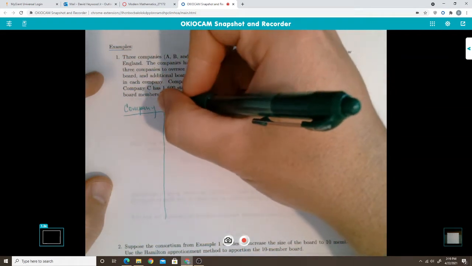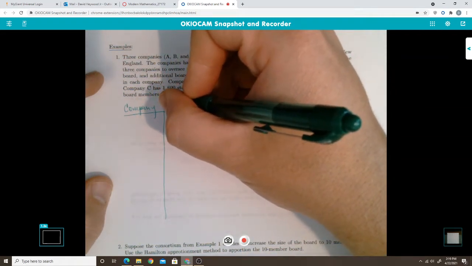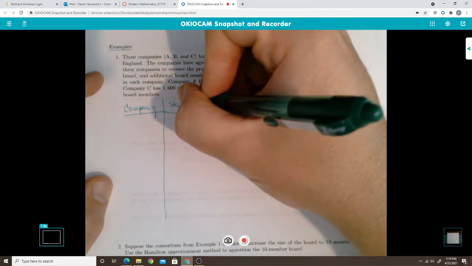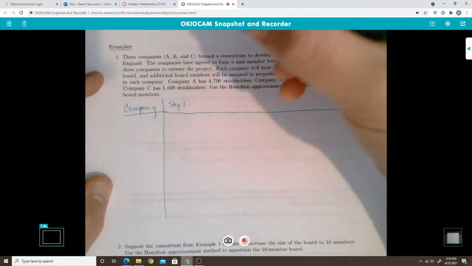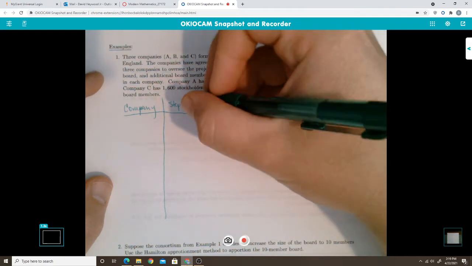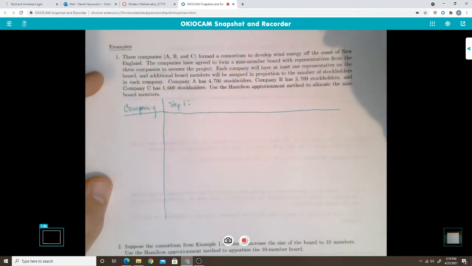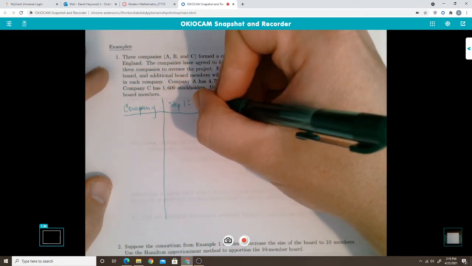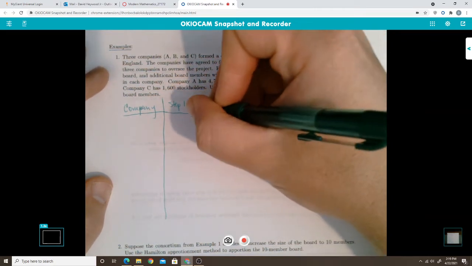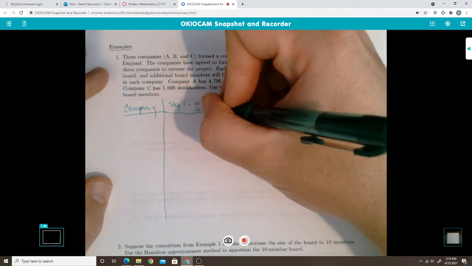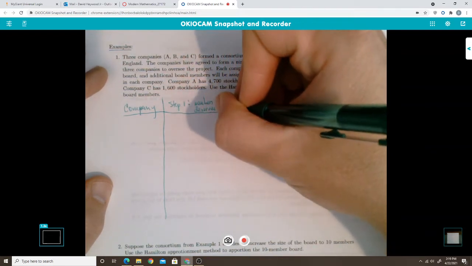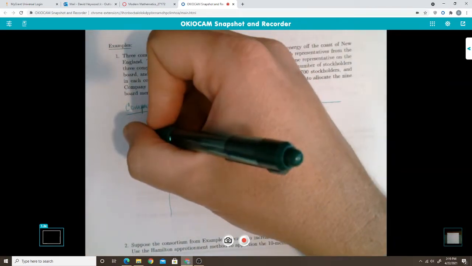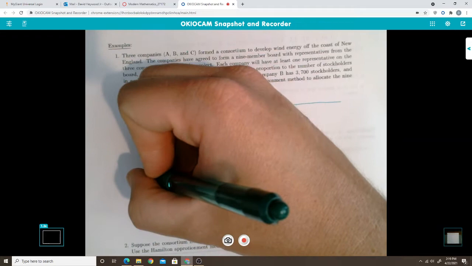And then we're going to do step 1, which is the number of board members that each company deserves. So members deserved. Okay, and let's just do that, right? So for company A, B, and C.